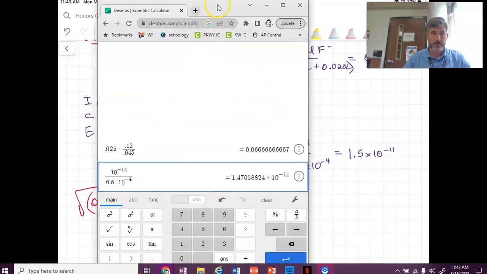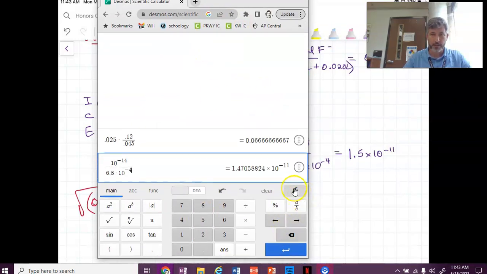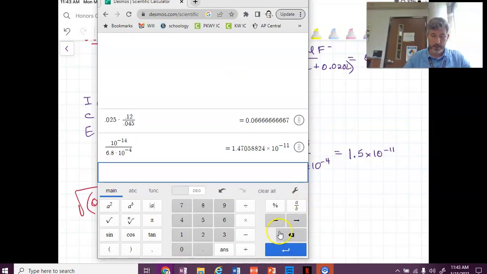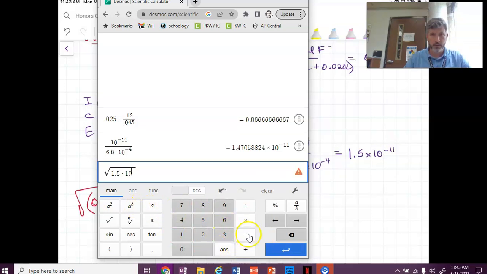So just to keep my sig figs correct, I'm going to go ahead and use my rounded Kb value. So the square root of 1.5 times 10 to the negative 11, and then we are going to multiply that by 0.067.